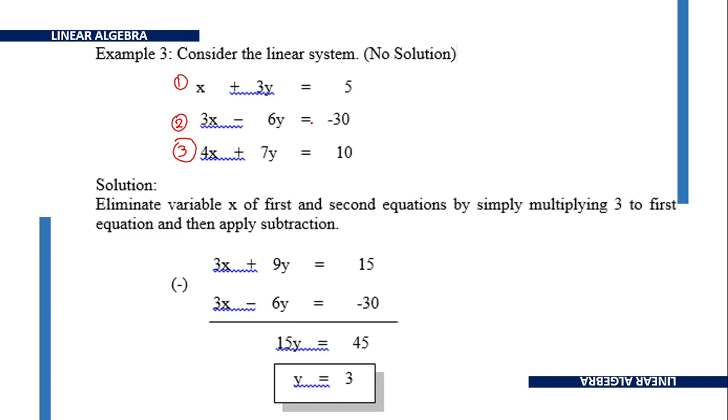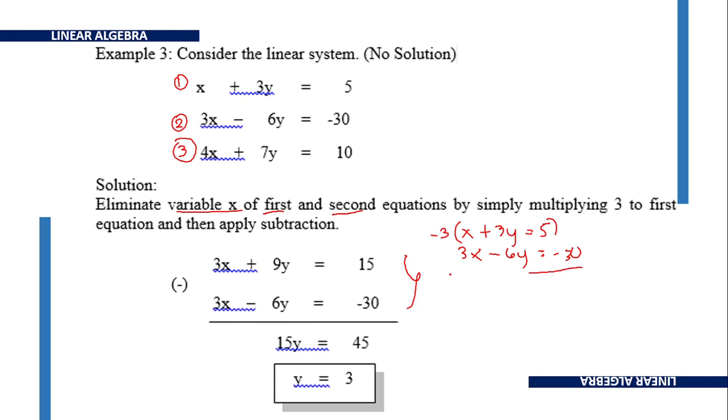Okay? So sulat ko na lang din kung ano yung nangyari dito. So we have first, ang sabi is first, diba, and second equations. So we have x plus 3y is equal to 5 and 3x minus 6y is equal to negative 30. Okay. So, to eliminate the variable x, multiply lang ako dito ng negative 3.